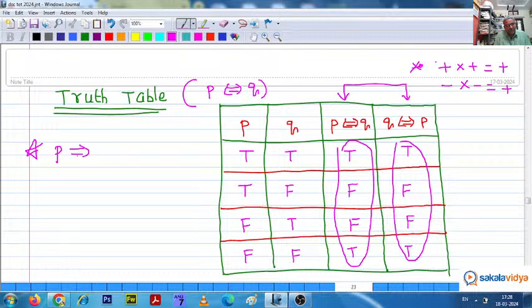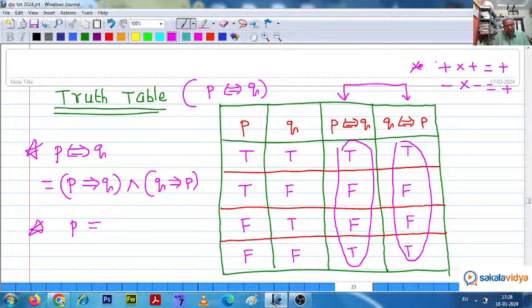P if Q is nothing but P implies Q and Q implies P. And also, P if Q and Q implies P are equivalent statements. I hope it is very clear to you.